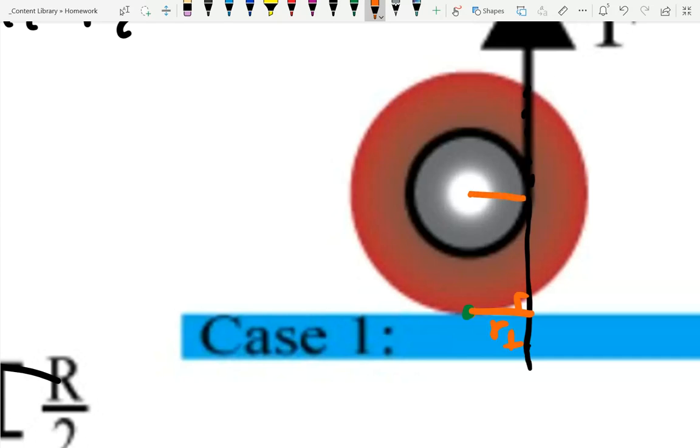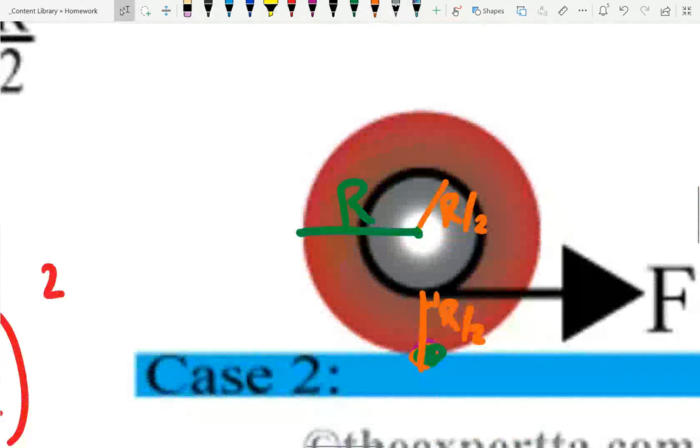As luck would have it, that distance is r over 2. That was one of the givens. So in both case 1 and case 2, the distance that's perpendicular to the force from the point of contact between the table and the yo-yo is r over 2.